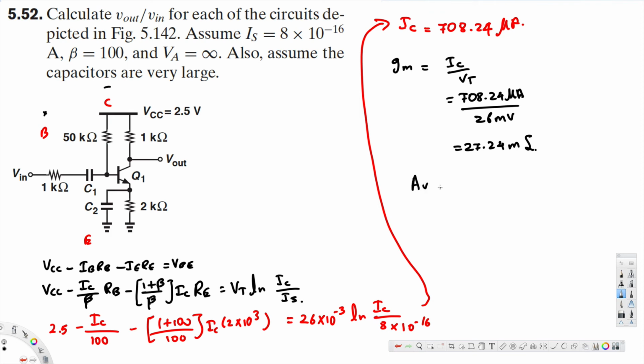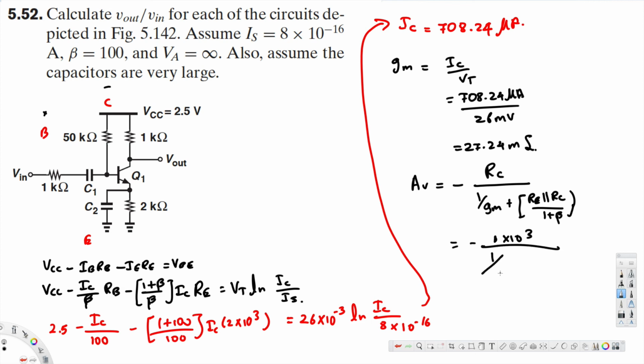Next we are going to calculate the voltage gain, AV, that's equivalent to minus RC over 1 over GM plus RE parallel RC divided by 1 plus beta. Now RC is the collector resistance. In the collector we have 1 kilo ohm, that's what we are going to use, 1 times 10 to the power of 3. And then 1 over transconductance is 27.24 times 10 to the power minus 3, plus RE parallel RC.